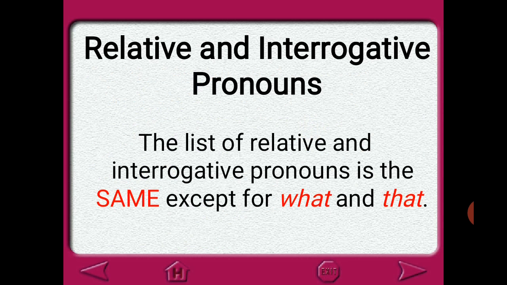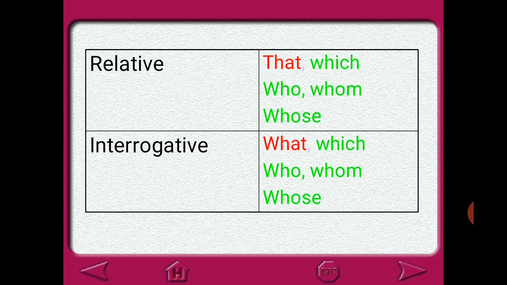The lists of these two are the same except for that and what. Here is the list given to you: which, who, whom, and whose. They are all the same as far as relative and interrogative pronouns are concerned. There is just a difference of that and what.